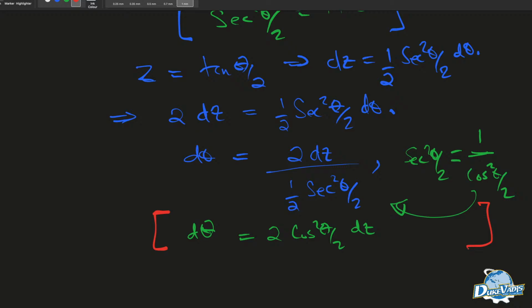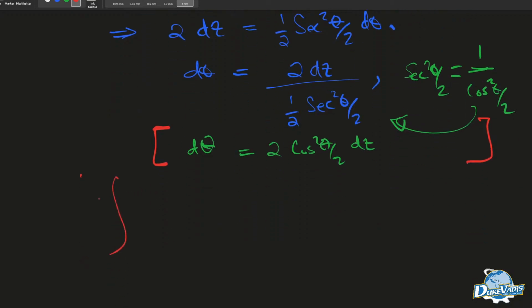When we substitute everything into the integral, our final integral is going to be the integral of, I'll bring the 2 out, 2 cos squared theta over 2 dz, all over 1 plus y sine theta.